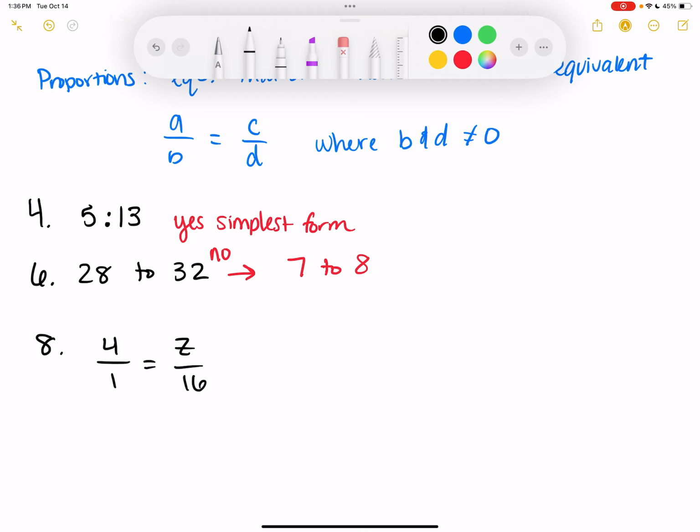No. You multiply both sides by 16, so that cancels and I'm just left with a z on this side. Then I've got 16 times 4, which is 64.